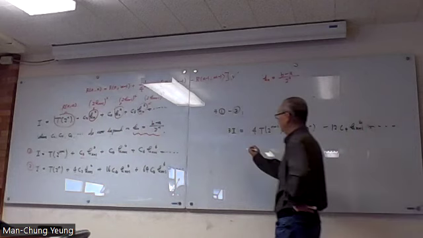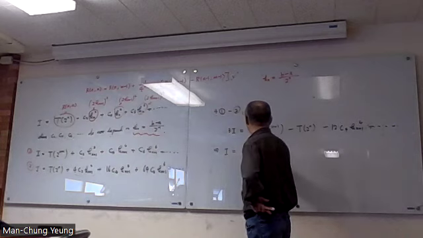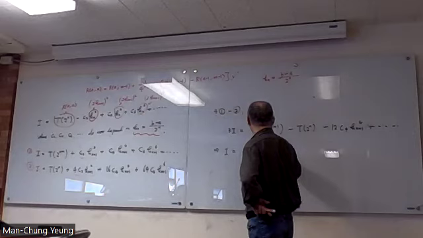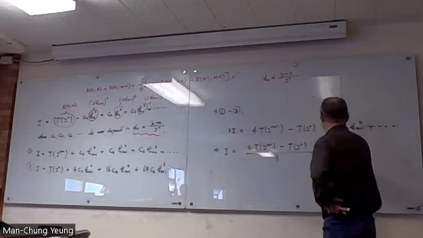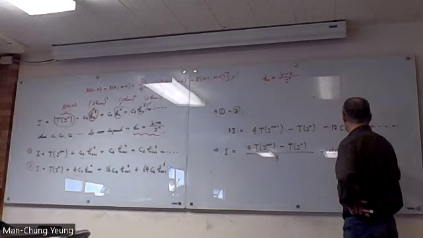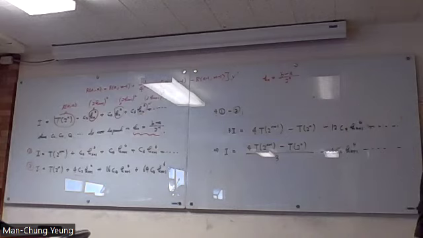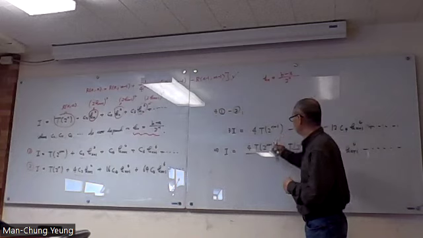Now divide the equation by 3. We get (4 T_{n+1} minus T_n) over 3, and then minus 4 c4 h_{n+1} to the 4th, then minus. Now what is this?